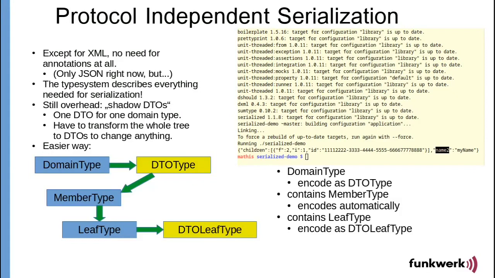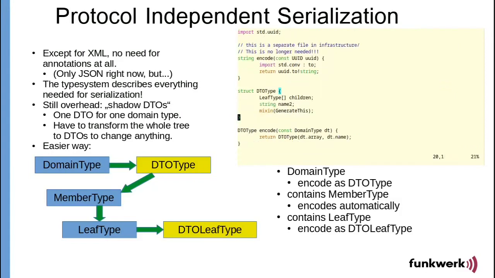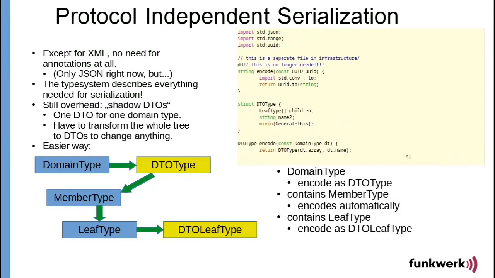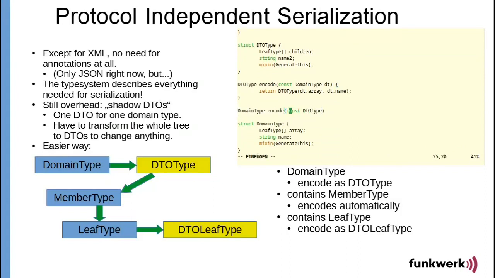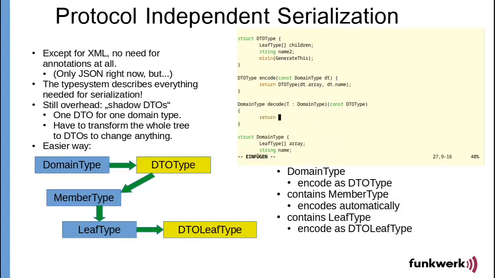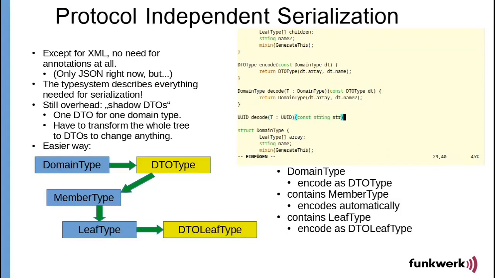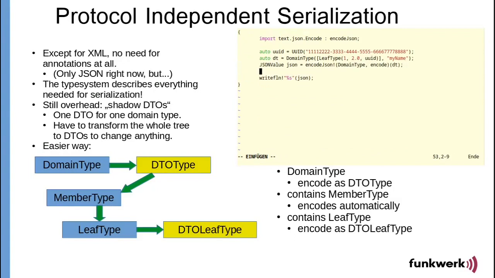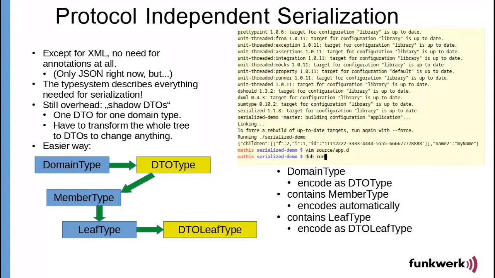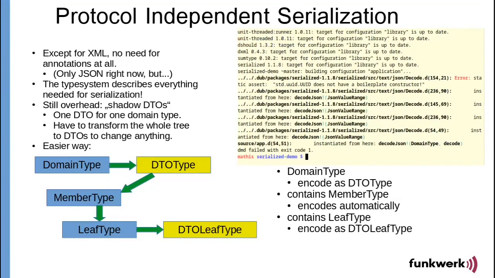I'm going to add the decode pass, and at the end of it, we're going to get our original data type back out. Okay, so in principle, this should work.